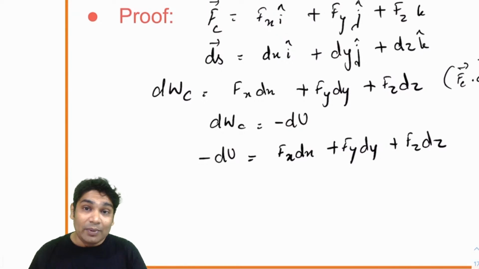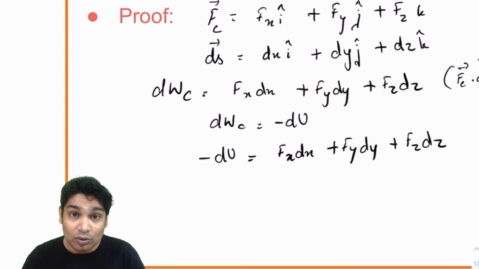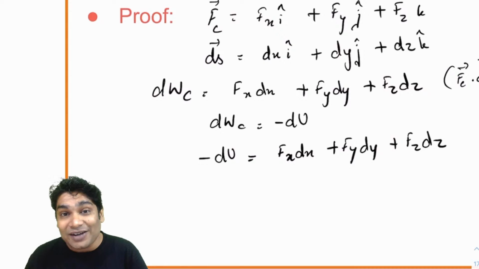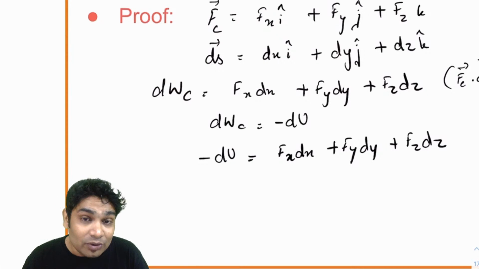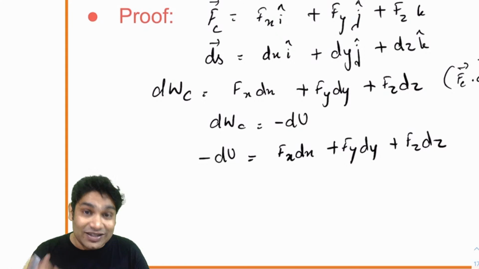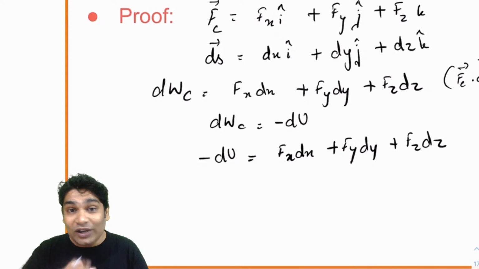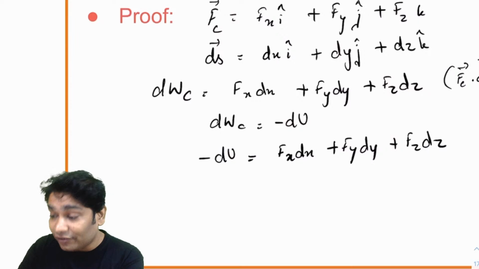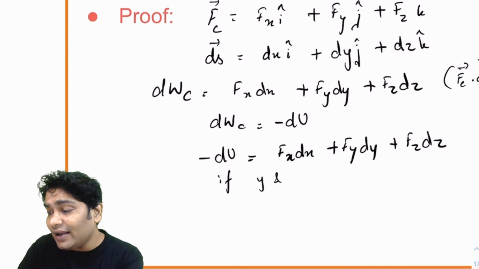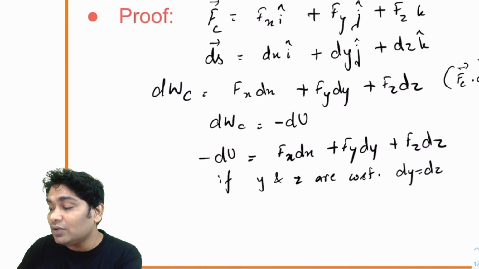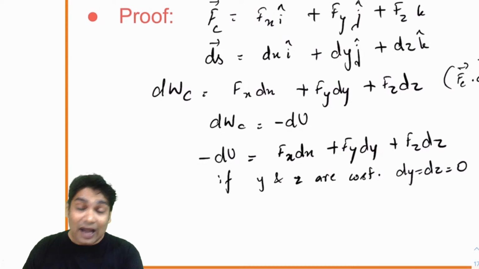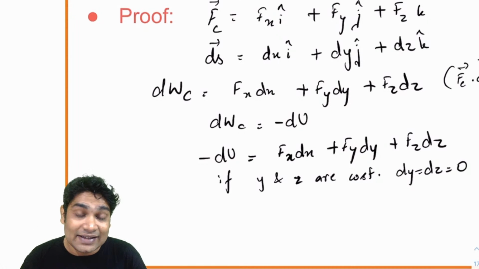Now remember, when you're taking partial derivatives, suppose you're doing partial differentiation with respect to x, then what do you do? You take your y and z to be constant, and you imagine only x is varying. So if y and z are constant, what happens in that case? dy equals dz equals 0. I am not allowing any change in the y and z coordinates. The only coordinate that can change is the x coordinate.